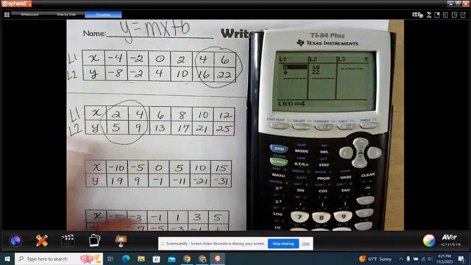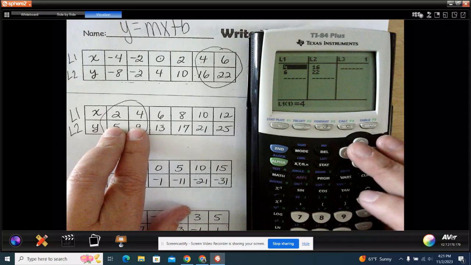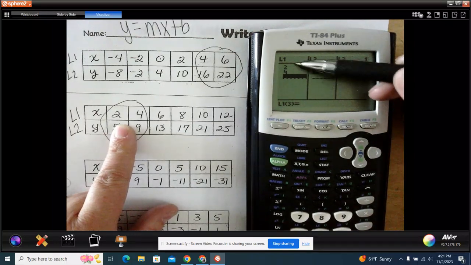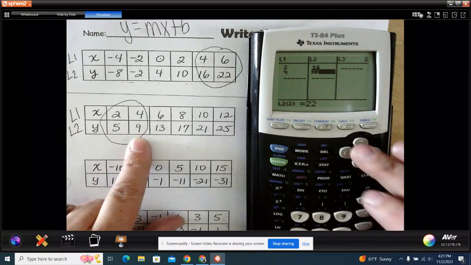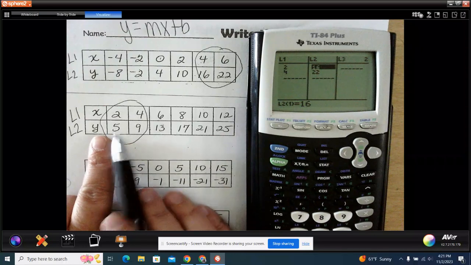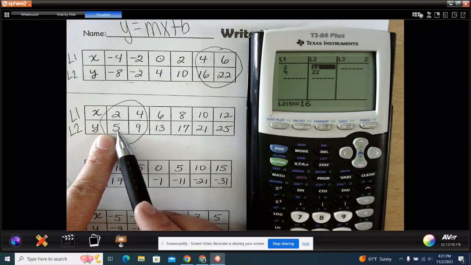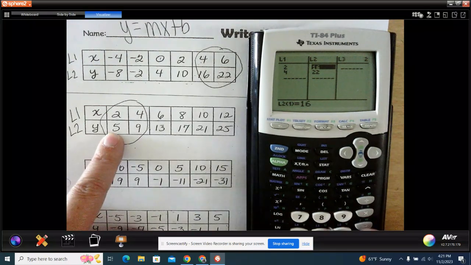My y values are going to go in L2. I'm going to enter in 2, enter, 4, enter. So I have 2 and 4, and then I put 5 and 9. I have to put the 5 first because 2 and 5 are a point, and so those have to go together. So we have 5, enter, 9, enter.